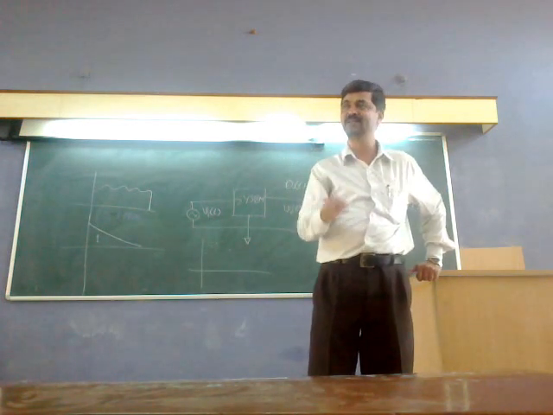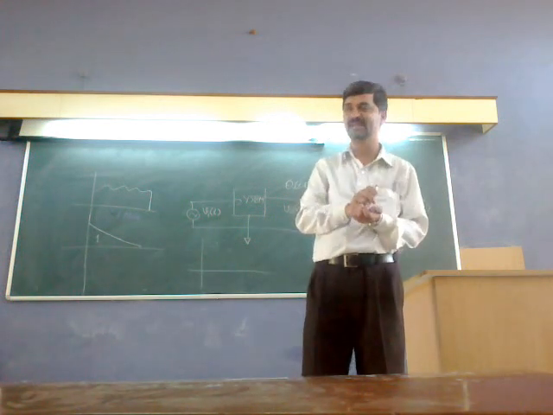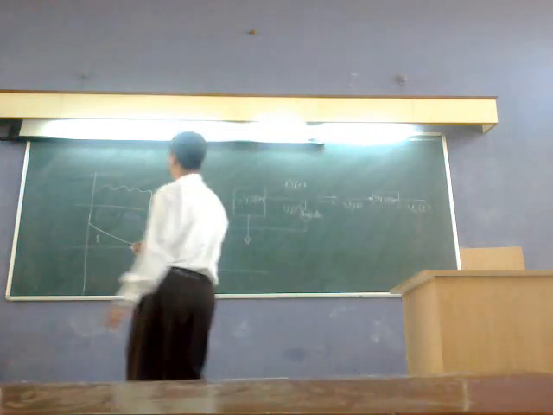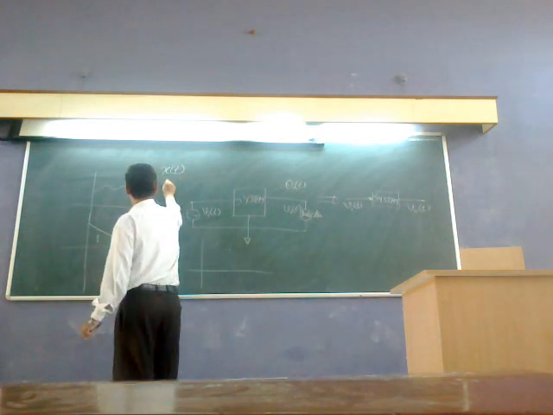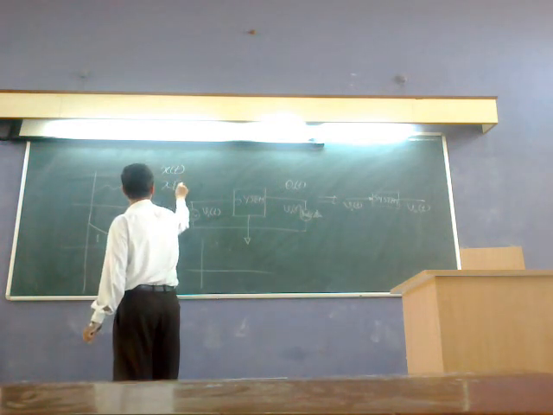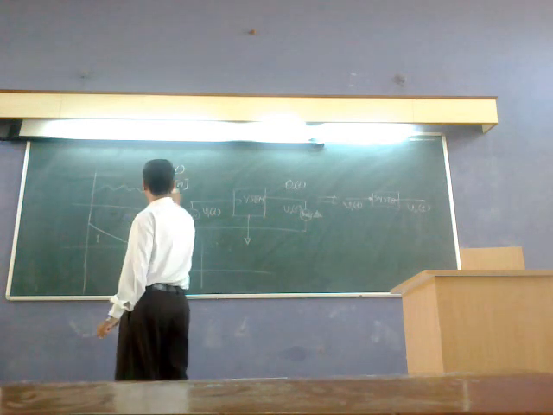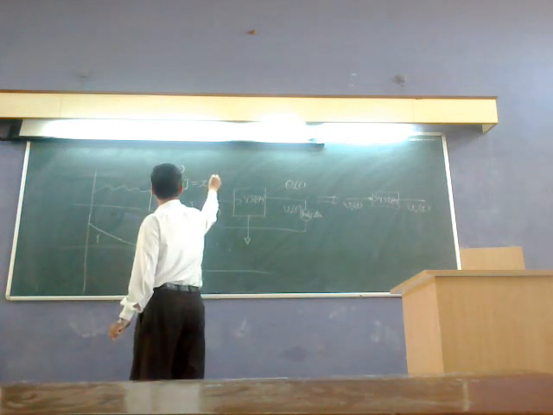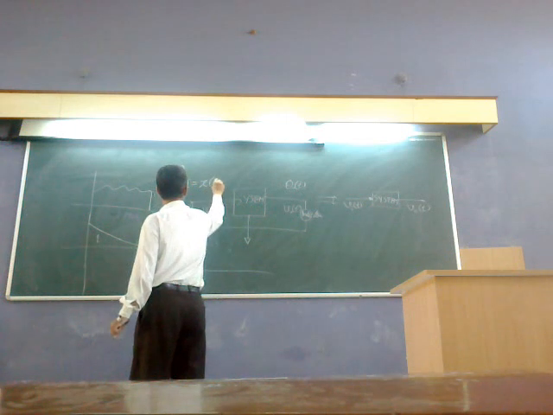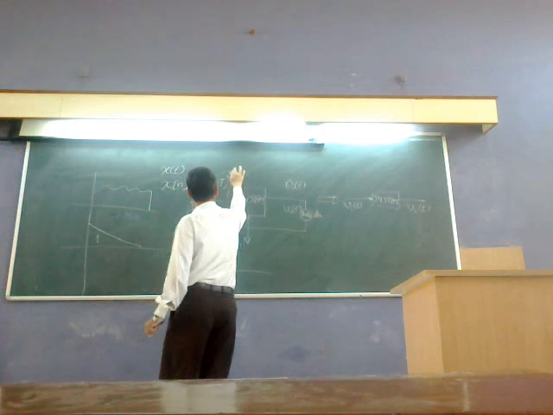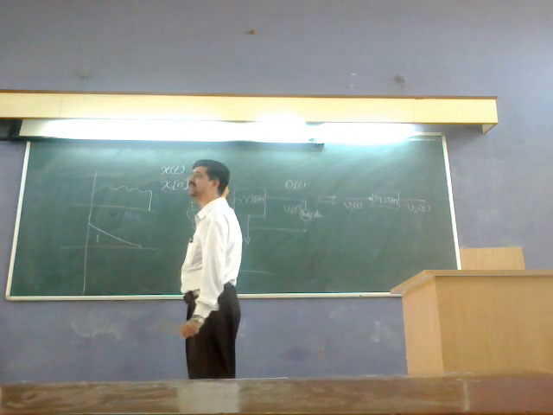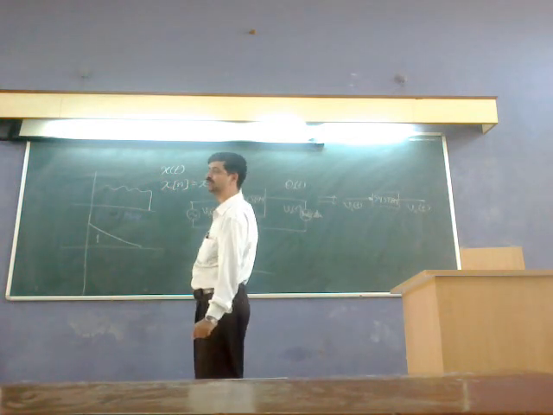Instead of x(t), which is a continuous signal, I say x[n], which is equal to x(nT), where T is the sampling interval and n goes from 0, 1, 2, 3 and so on.